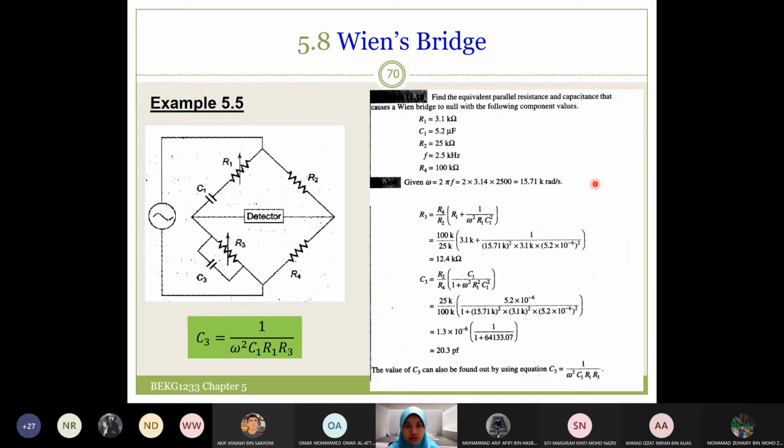R3 is equal to, find the equivalent parallel resistance and capacitance that cause the null. So actually for C3, this is using the formula, but we will use the derivation.